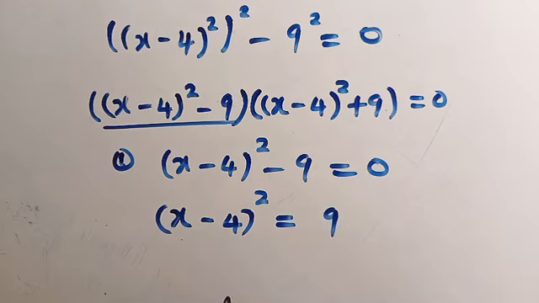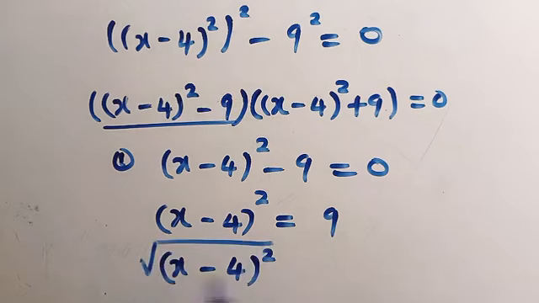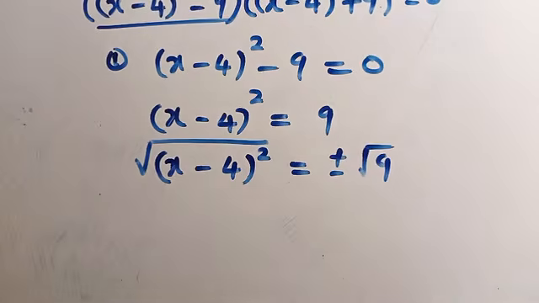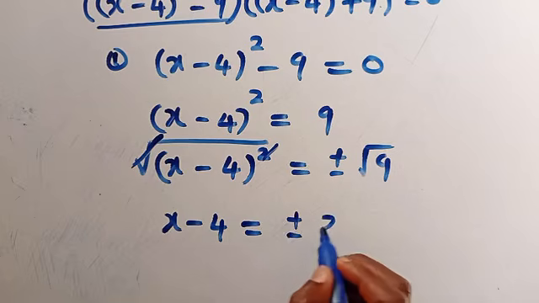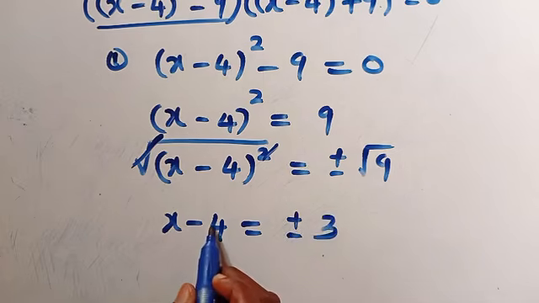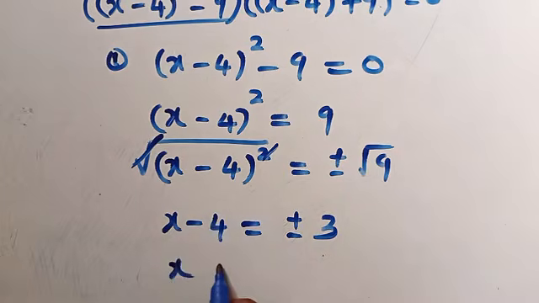By taking the square root of both sides, we have x minus 4 equals plus or minus the square root of 9. Next, square and square root cancel. Here, x minus 4 equals plus or minus 3. Then taking this minus 4 to the other side, we have x equals 4 plus or minus 3.